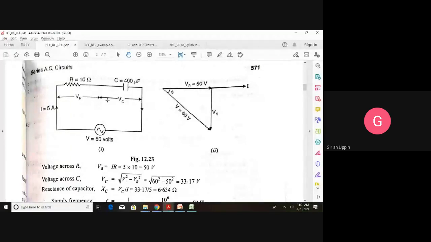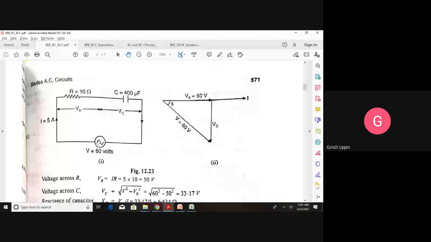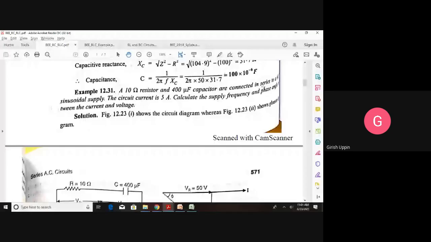So we have R connected in series with the capacitance, and the current flowing is 5 amperes. It is connected in series to a 60 volt sinusoidal supply.